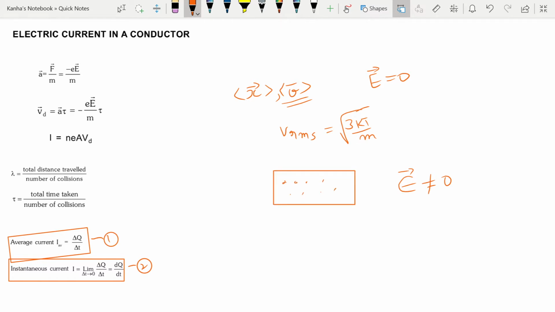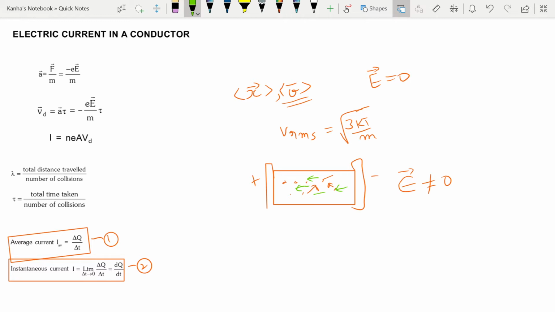In the absence of any electrical field, the motion is haphazard and in all directions, so the net average velocity is zero. But when an electrical field is applied, here I have two contacts, let's say positive and negative of the battery, then all the electrons inside the system are attracted towards the positive end.